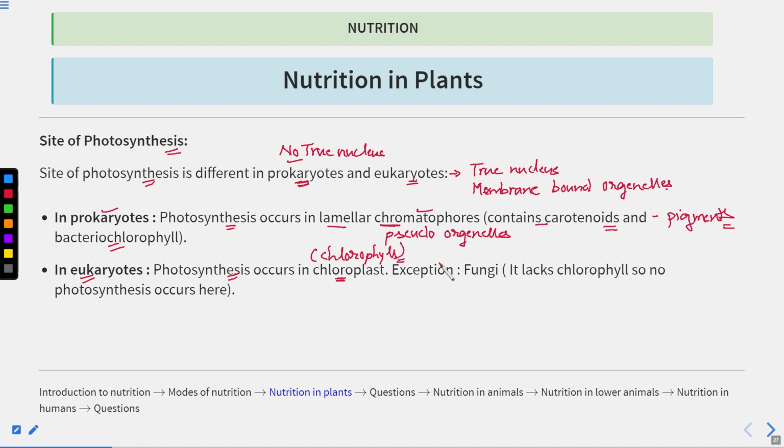Here an exception is fungi. Fungi is also a eukaryote, but in fungi, chlorophyll is absent. It lacks chlorophyll. And because of this, no photosynthesis occurs. Because we have already discussed that for photosynthesis, chlorophyll is very essential. It absorbs the light energy in the form of photons, and then it converts light energy into chemical energy.